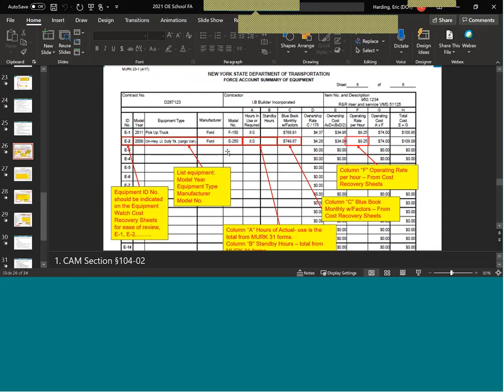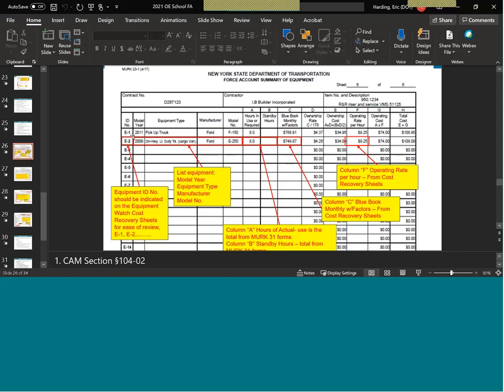Here's the force account summary of equipment. The equipment ID number should be indicated on the equipment watch cost recovery sheets, just like materials. The inspectors should record, and it can be checked against this form, the equipment model year, type, manufacturer, and model number.